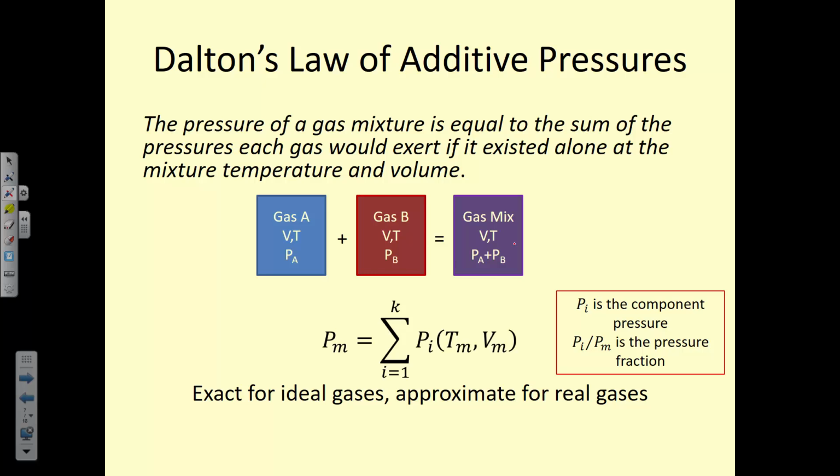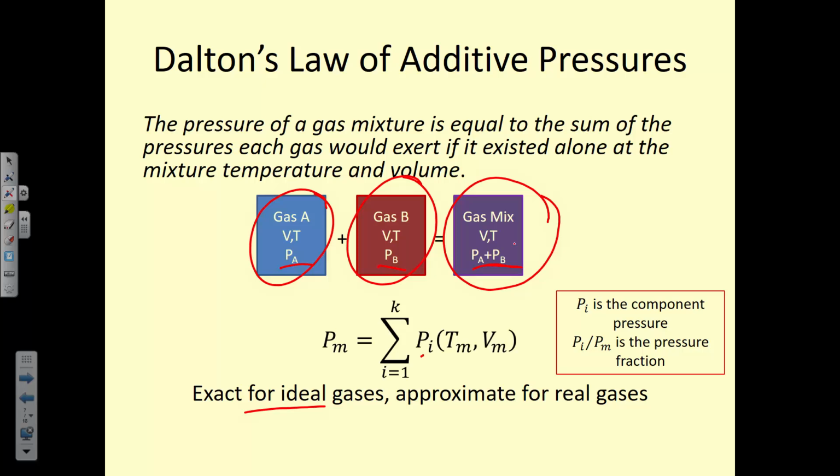So Dalton's law of additive pressure says that the pressure of a gas mixture is equal to the sum of the pressures of each gas. If we have a gas A at pressure A and a gas B at pressure B, then this gas mixture is going to have a pressure equal to pressure A plus pressure B. This is exact for ideal gases, so if it's an ideal gas, this always holds true, and it's an approximation for real gases.